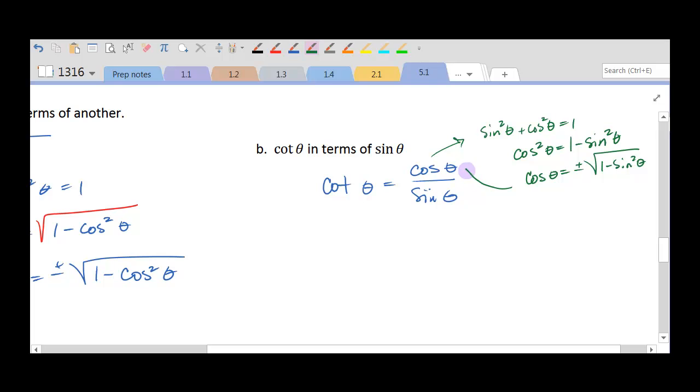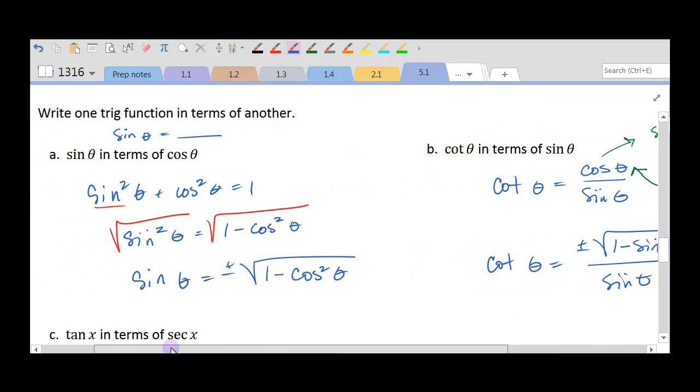So that's what I'm going to replace in the numerator over here. And cotangent theta is going to be plus or minus the square root of 1 minus sine squared theta divided by sine theta. So I rewrote cotangent in terms of only sine is what I've done here.